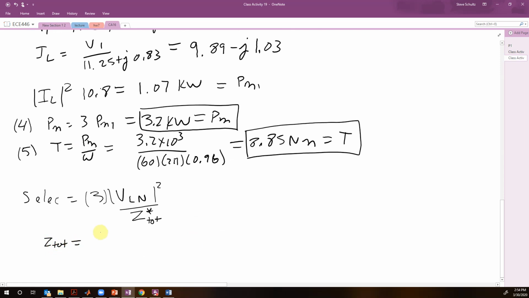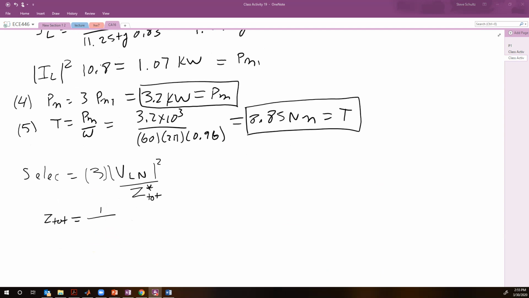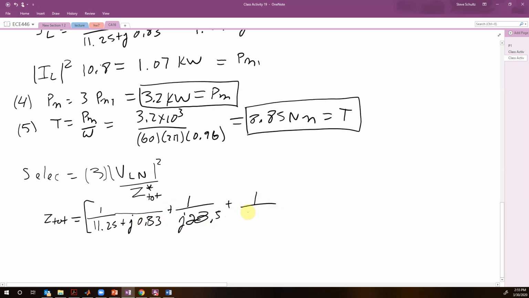Is going to be 1 over, so this is going to be our rotor impedance plus our magnetizing impedance plus our stator impedance, and all 3 of those added in parallel.